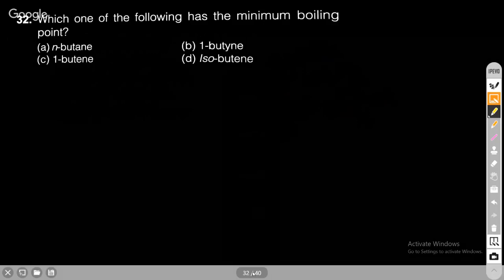Read the question properly. Right? So maximum branching will have the minimum boiling point. So it should be option D, isobutane. Correct. With branching, boiling point decreases.